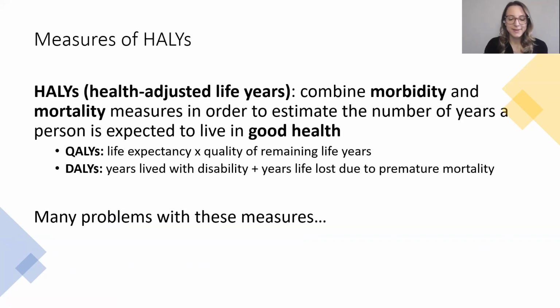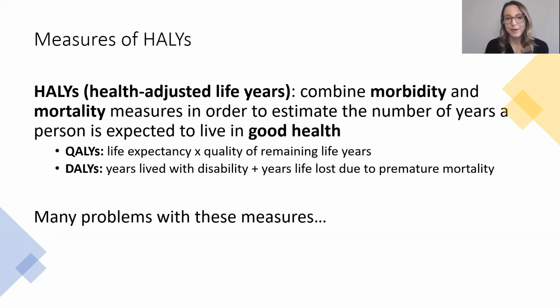Now, something I did want to mention are HALEs, something that we call health-adjusted life expectancy. They're really useful. They often come up in burden studies because they combine measures like morbidity and mortality in order to estimate the number of years that a person is expected to live in good health. Similar types of measures related to the HALE are QALYs, which are called quality-adjusted life years.